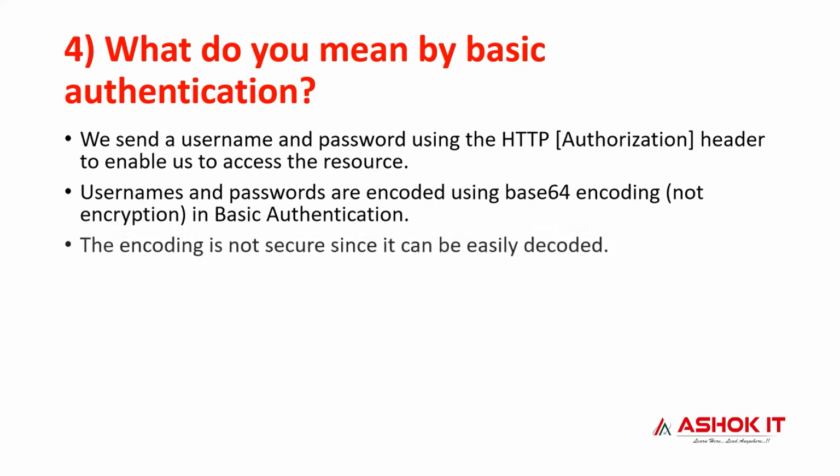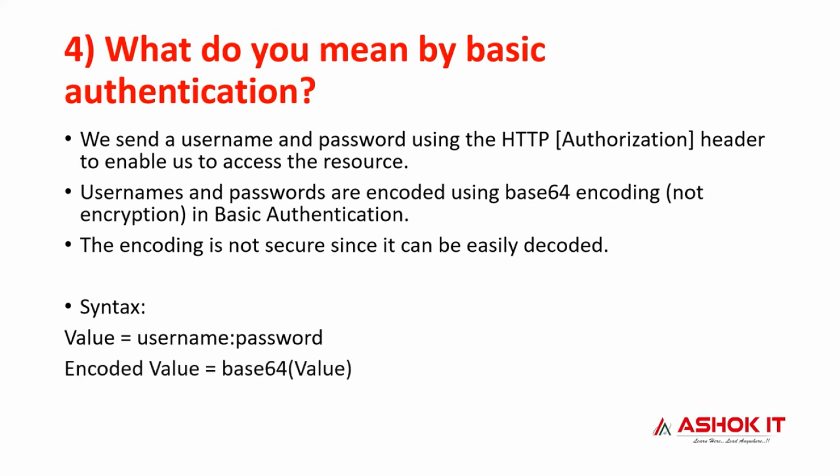So this header parameter is sent with the request, and it can even be decoded very easily. The syntax looks like this: first, a value is constructed using username:password, and that value is Base64 encoded. The Authorization header is added in the request header. The basic encoded value we have to send, and the Authorization header needs to be specified. This is basic authentication.